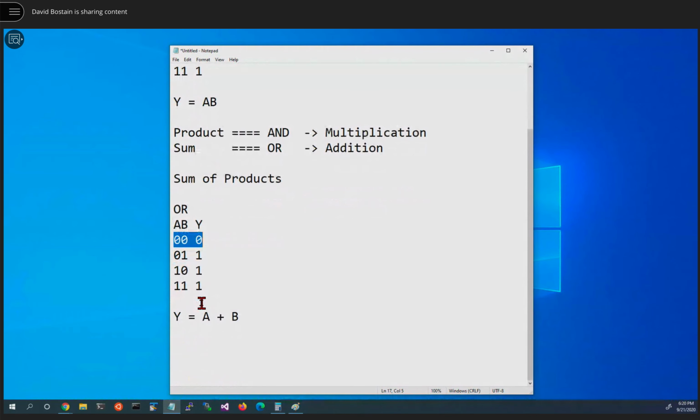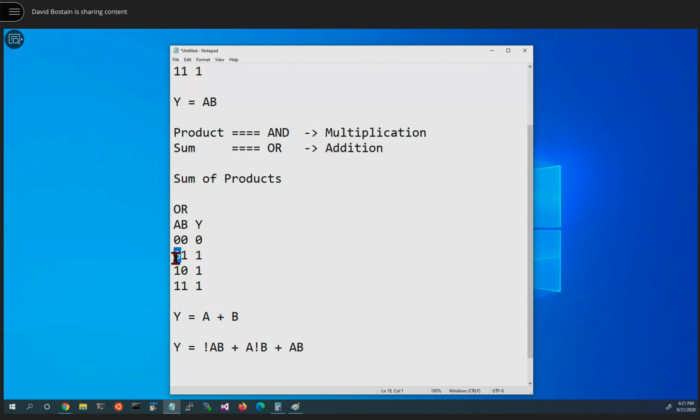Now let's do our sum of products equation here. We're only going to be concerned with the lines that have 1s at the end of them. So a sum of products equation for this guy looks like Y is equal to, first line is not A, B, or A, not B, or A, B. Anytime we have a 0, because remember this is a product, we need to invert the 0 to make it a 1 in order to get the 1 of a product, which was two 1s.